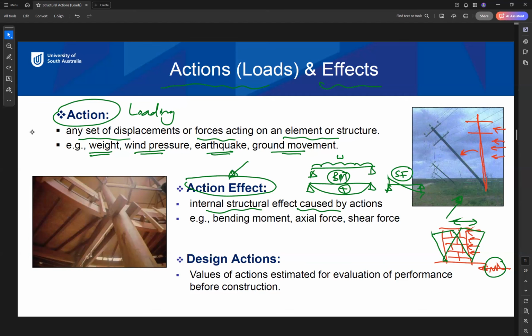These are what is meant by action effect. So the bending moment, axial force, and shear force diagrams, we can call them straining actions, or the internal forces inside the members due to the applied forces.